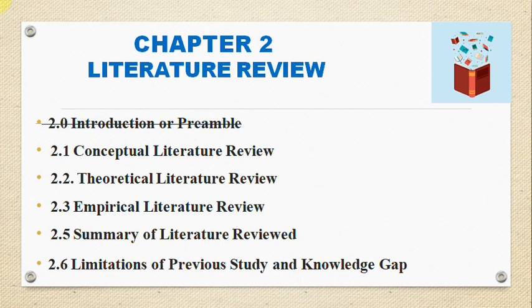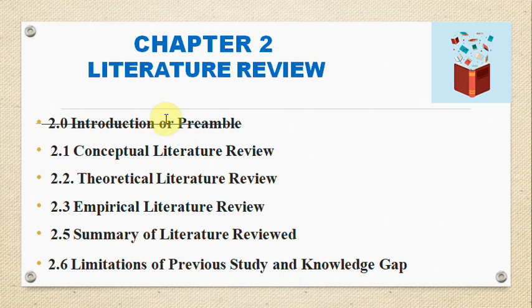In this generic format, apart from putting the title, chapter, literature review, or review of related literature, or whichever direction the specification requires of you, in most cases there is this kind of preliminary note you write before you start the next point. Some people will put 2.2 and say introduction or preamble. You see the way I cancelled it, because I do not recommend that you write this thing called introduction, except it's required by your institution. But you can introduce your work without specifying that. So under the title, literature review, you now put that introduction. I'll tell you what is expected there.